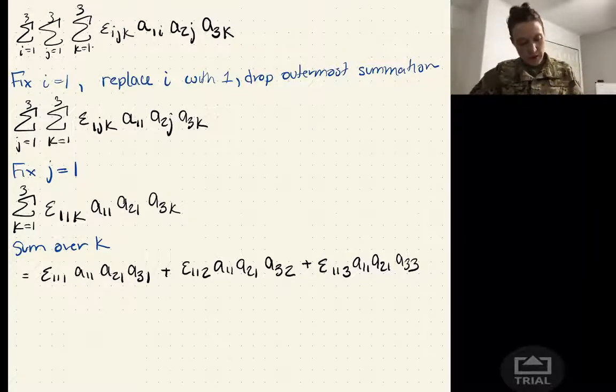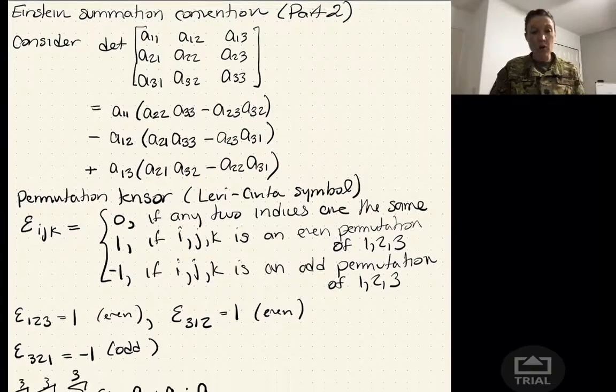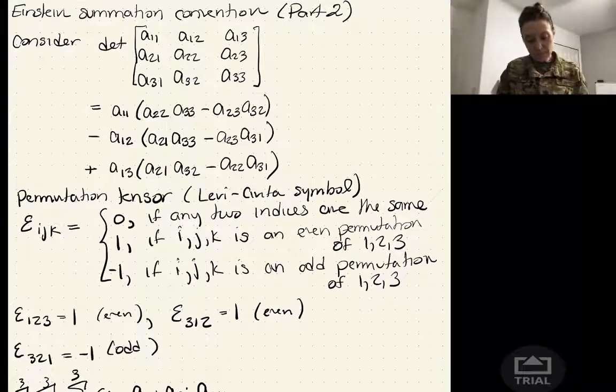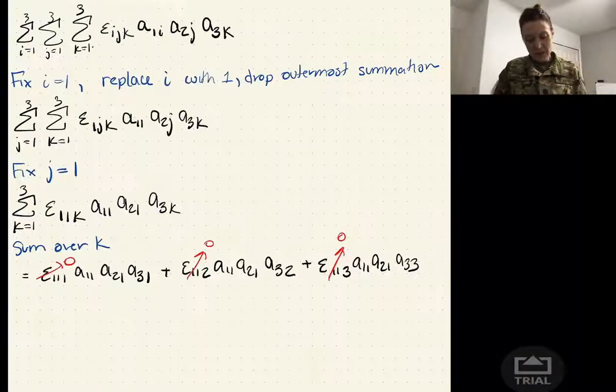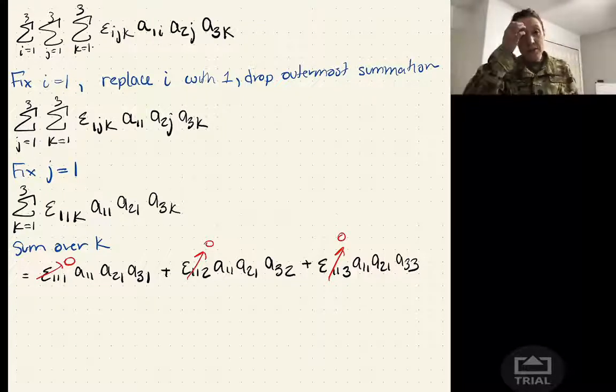Epsilon 111 is 0, epsilon 112 is 0, and epsilon 113 is 0. I would encourage you to compare this with the determinant. Not one of these terms is in the determinant, because epsilon forced all of those terms to 0.